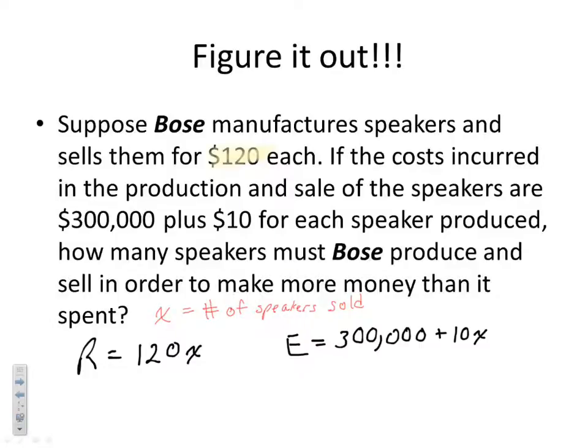Okay, so that's your equation for expenses. There's your equation for revenue. So if I want to increase my profits, right, I need to know how many speakers I need to sell for my revenue to exceed my cost of production.